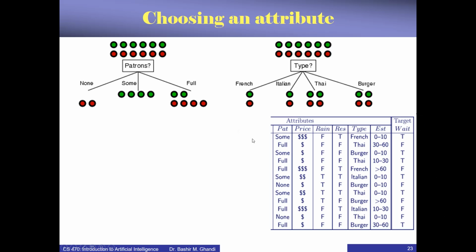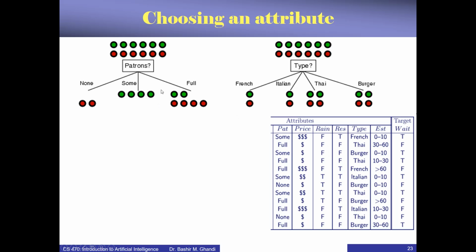Here, I just cut the table because I only needed to show you how to do it based on the patrons attribute and the type attribute. It's not the full table. If you want the full table, you will see it in the previous slide.